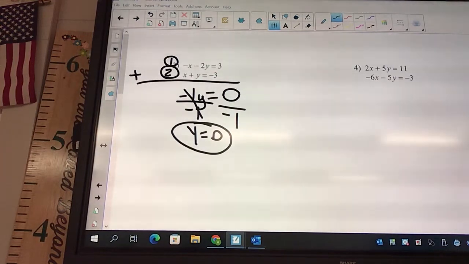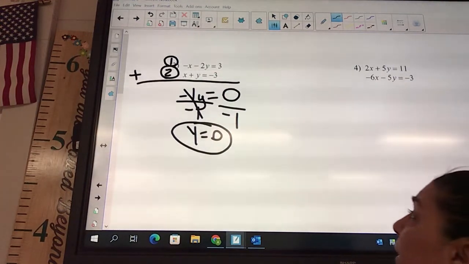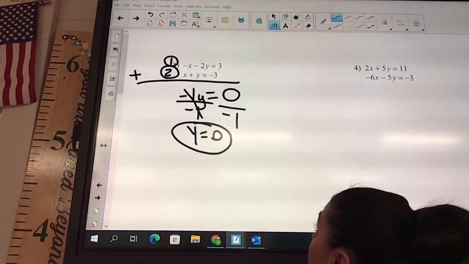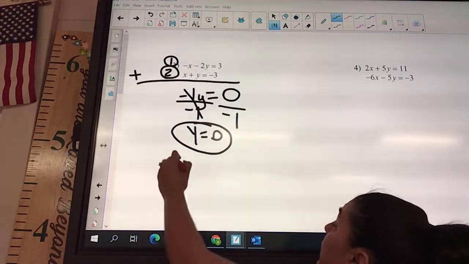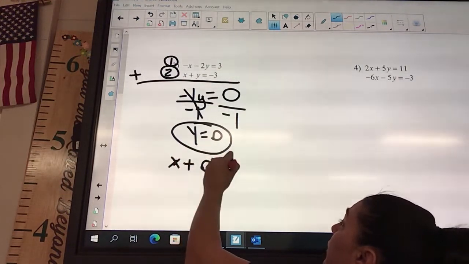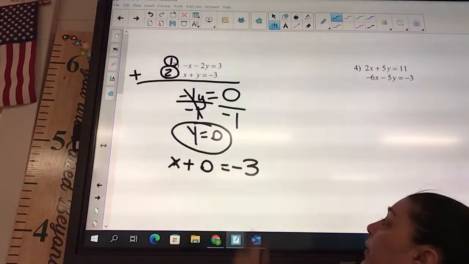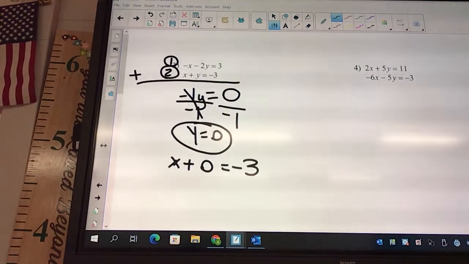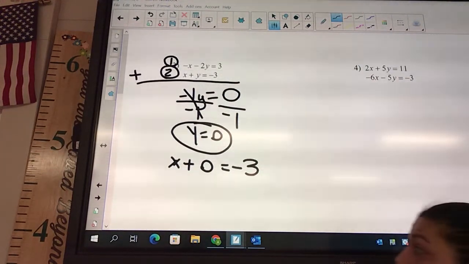And then we're going to plug that back in. Which one do you want to plug it into? I would use the second one. So you got x plus my y, which is 0, equals negative 3.